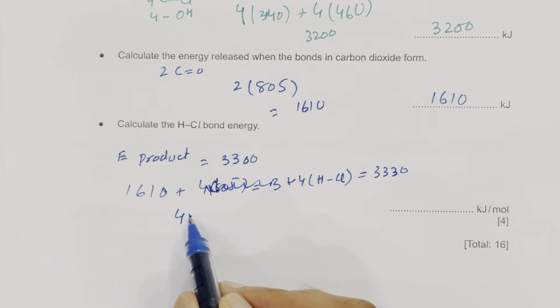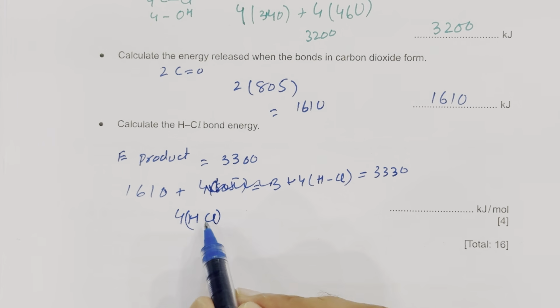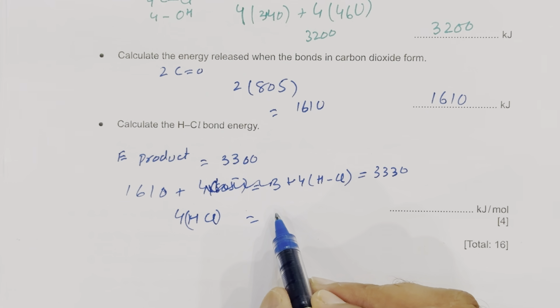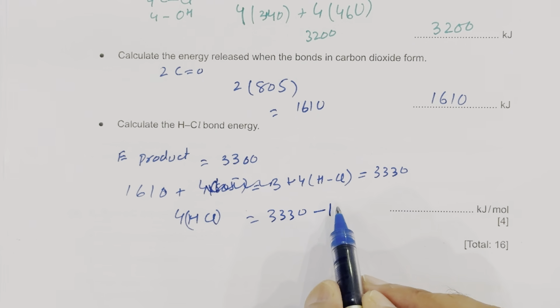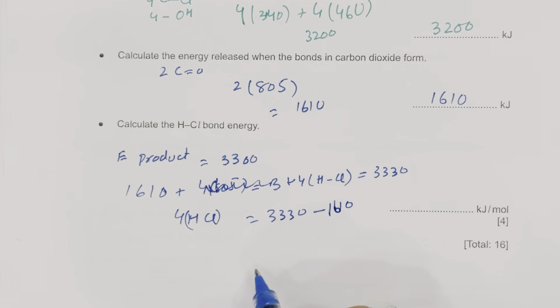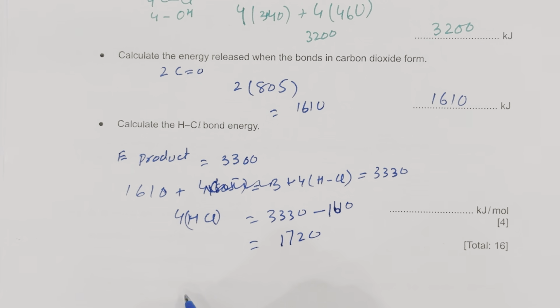The product has the energy 330, so for the A–Cl bonds it would be 330 minus 1610. That would be equal to 1720.